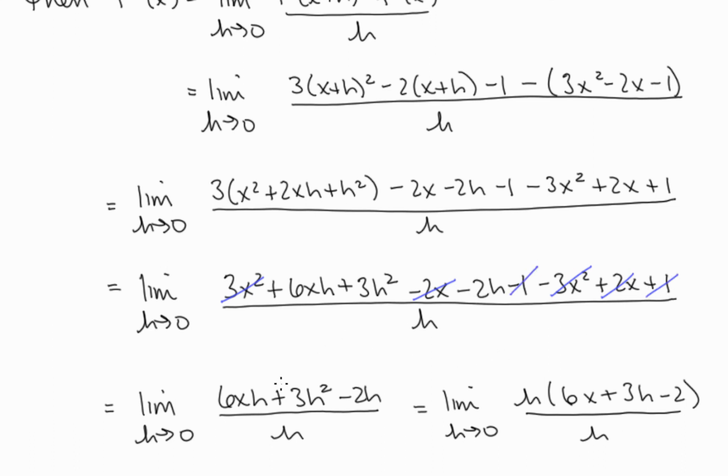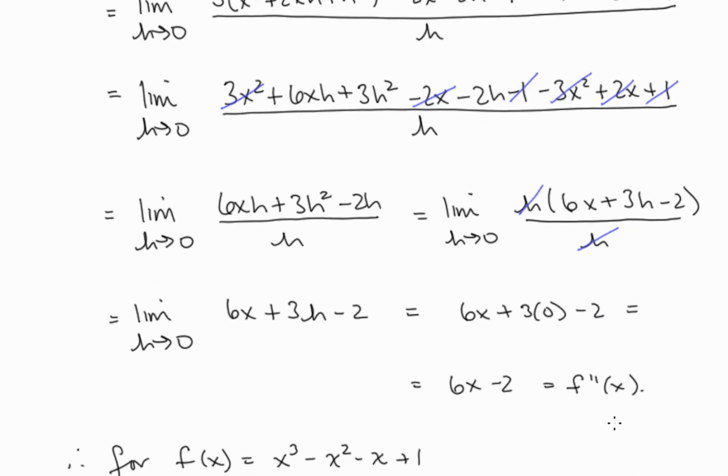And what we're left with is 6xh plus 3h squared minus 2h over h. So we can factor out that h in the numerator, cancel that, and then plug in h equals 0 to take the limit. And so we get 6x minus 2 is equal to f double prime of x.